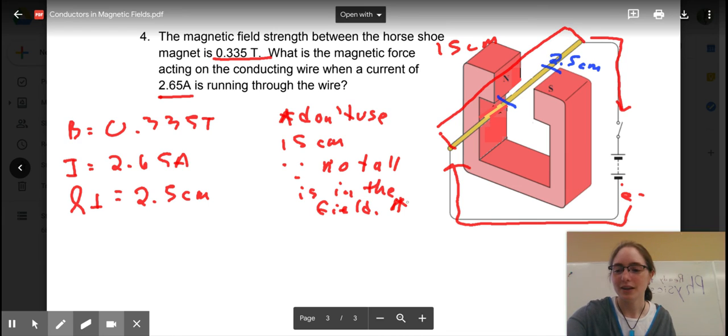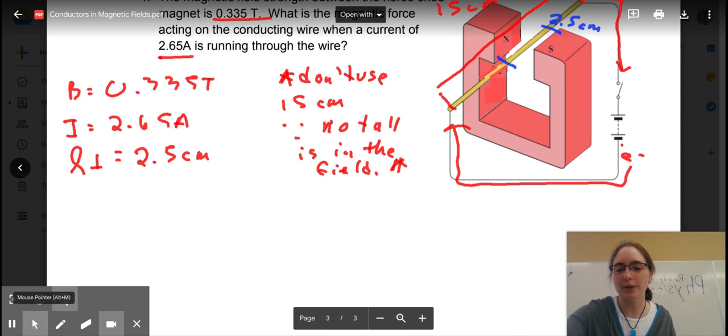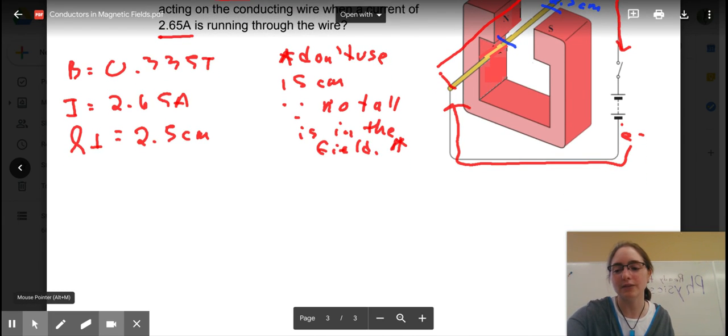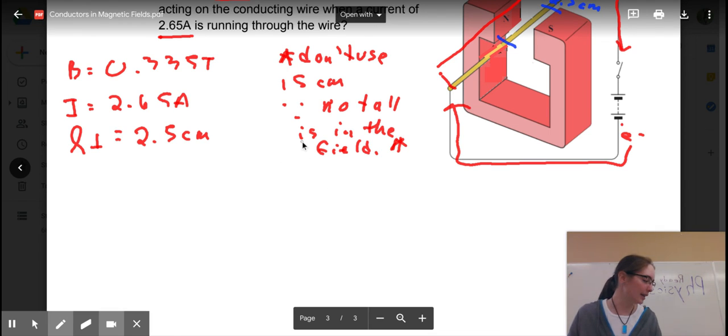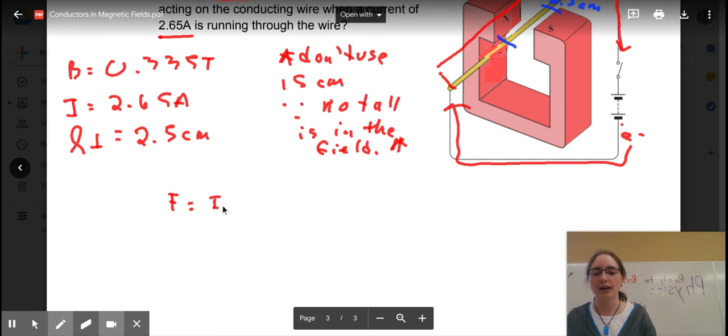All right. So scroll down a little bit so we can have some space and you guys can see the calculation. We are trying to calculate the magnetic force. So our force is going to be I L perpendicular times B, force magnetic.